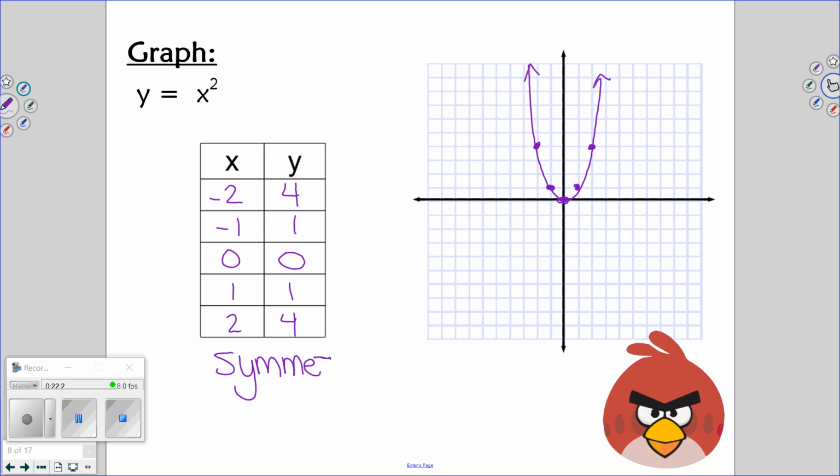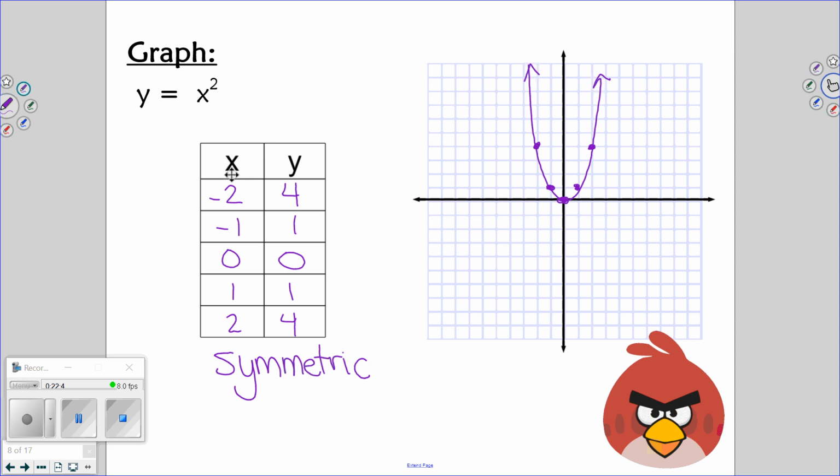Yeah. Symmetric. That works too. It is symmetric. What's symmetric mean? It's the same on both sides. Not the same as parallel. No, not the same as parallel.